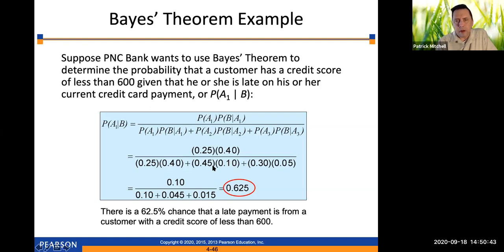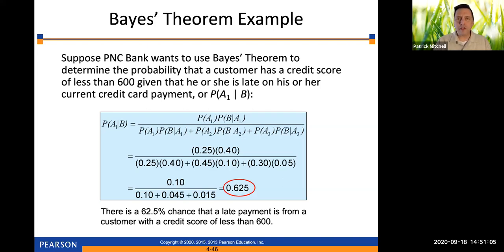The easiest thing might be to look at those previous 2 slides, write down all that information, and then put all those numbers where they're supposed to go. All right, and what you get is that there is a 62.5% chance that a late payment is from a customer with a credit score of less than 600.